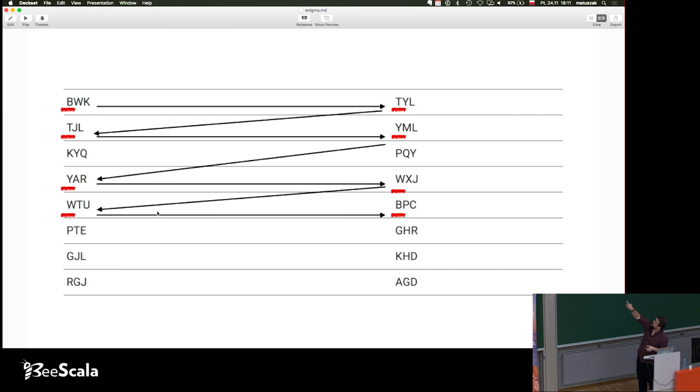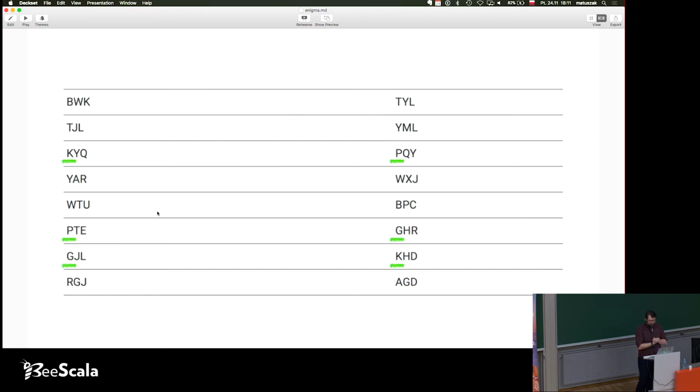So they go from B to T, from first T to first Y, and so on, and they end up with B, so they found a cycle. Again, this is the second cycle, and this is the third cycle.